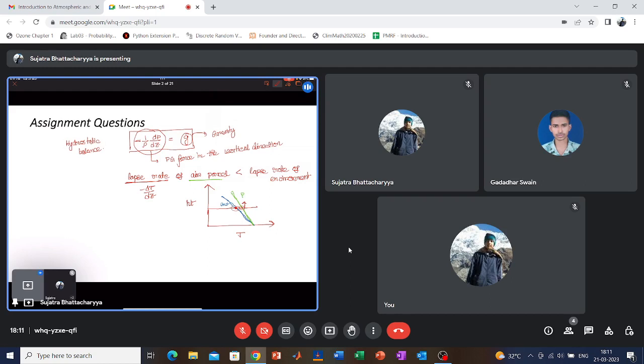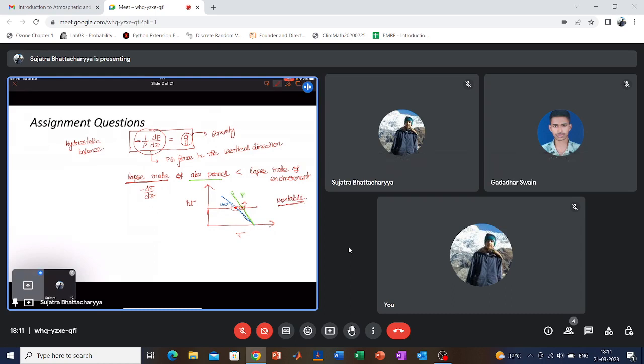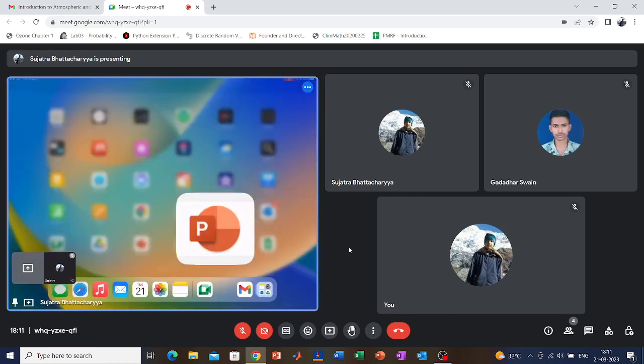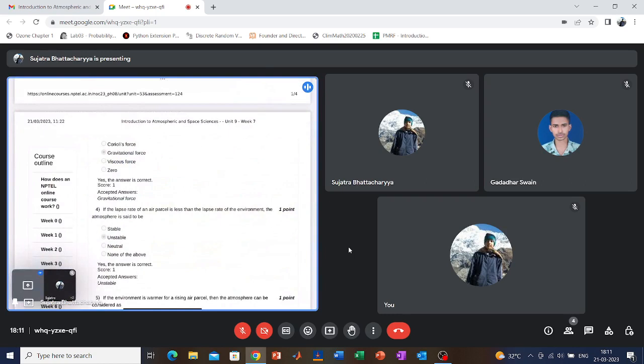It's a situation of an unstable case. Why unstable? Because if we displace this parcel from this point, then it will continuously go up. It will not come down because of its buoyancy. Therefore, when this condition is satisfied, that the lapse rate of the air parcel is less than lapse rate of environment, then it is an unstable situation. Now the correct answer to the fourth question is unstable.